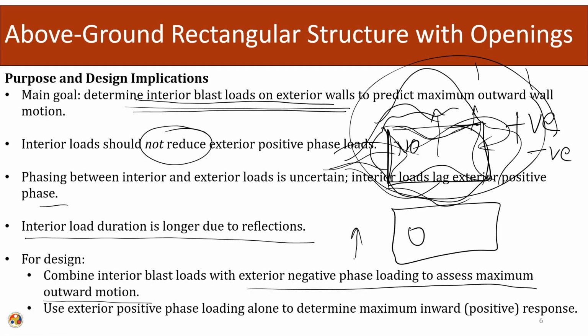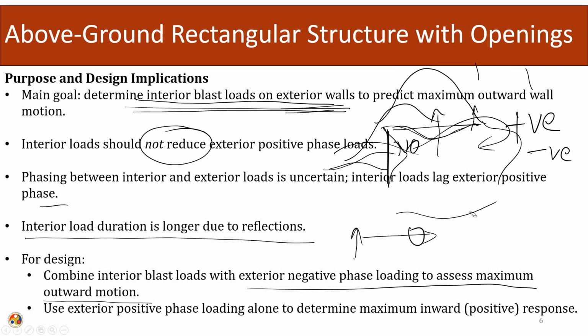This is due to the effect of the loading on the exterior wall, which is the same for both cases, with opening and without opening. In addition to this, there is an opening here. Due to this opening, the structure is going to try to bulge out like this.